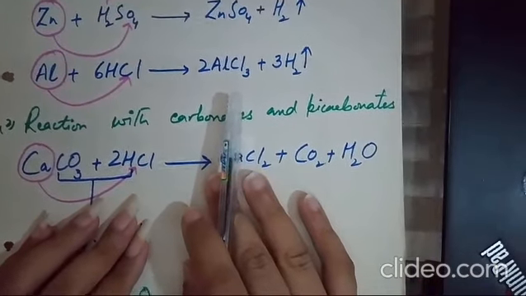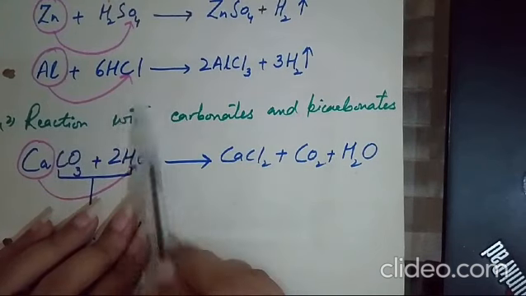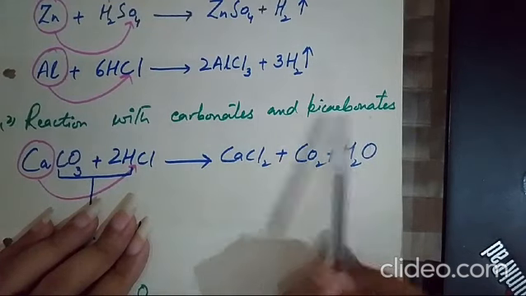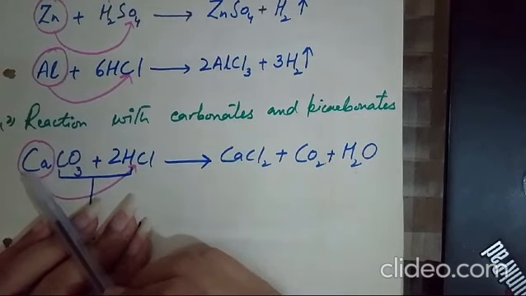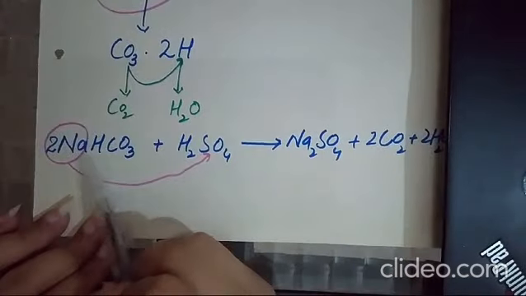Now come towards the second reaction. Here the reaction takes place with carbonates and bicarbonates. What's the difference between carbonates and bicarbonates? In the case of carbonate, we have CaCO3, calcium carbonate, but in the case of bicarbonate, we always have hydrogen in the compound.